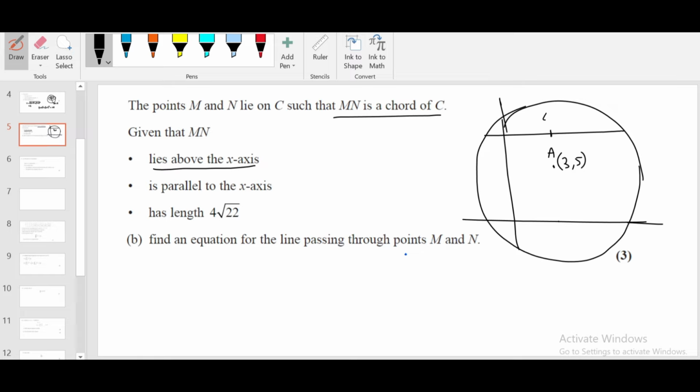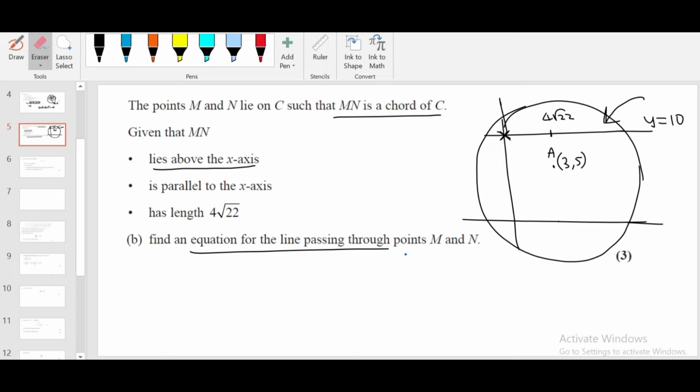Find an equation of the line passing through the point. They want you to find the equation of this line. In other words, they want you to find this point. If you can find the point, let's say the point is 10, you can straight away write the equation as y is equal to 10, right? So by asking you to find the equation, they want you to find the y coordinate actually.